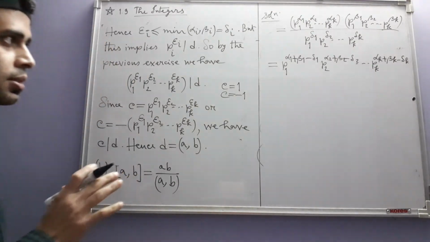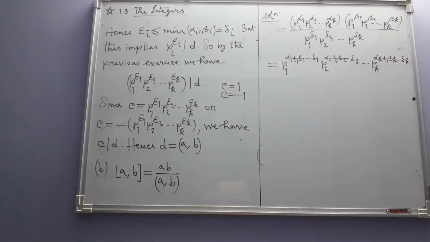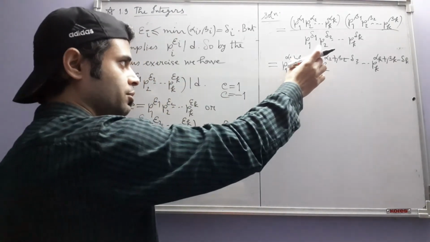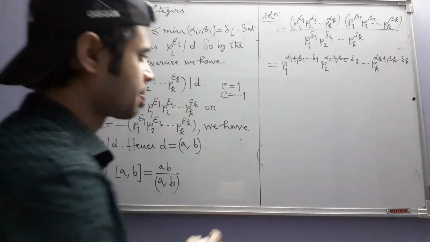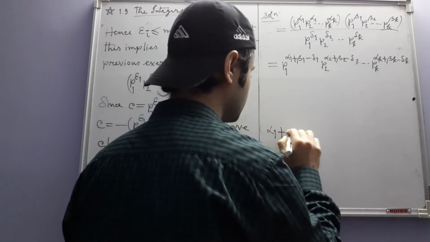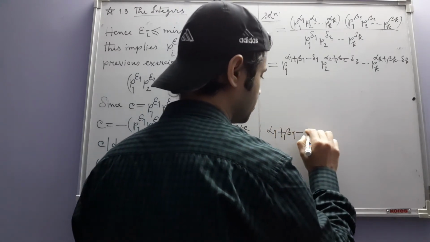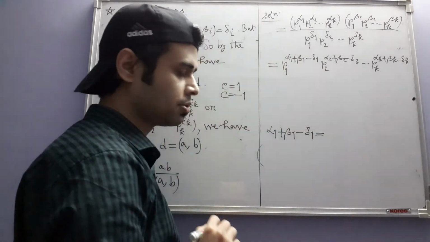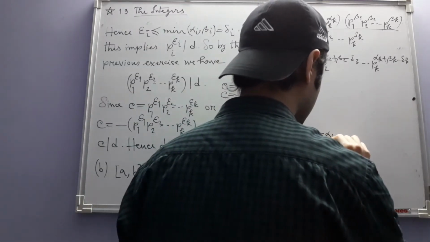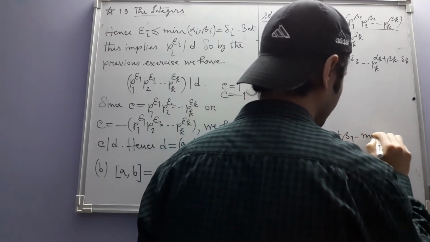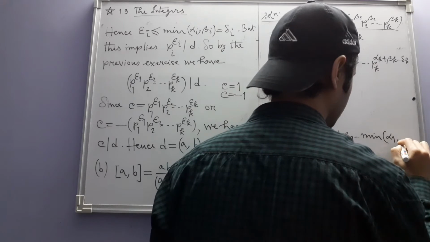Now we are concerned about these exponents. Since all the exponents have the same form, it's enough to consider the first one. So let us look at this, which is, if I really write what delta 1 is, alpha 1 plus beta 1 minus minimum of alpha 1 and beta 1.